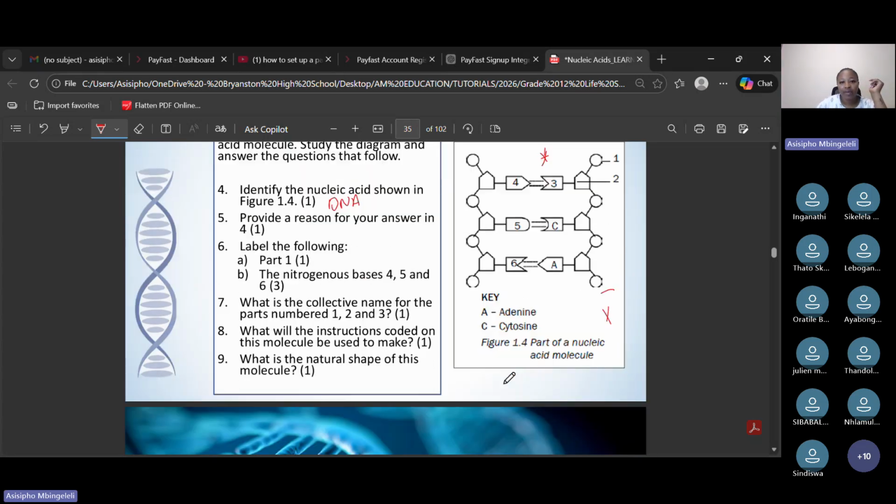Question 5. Provide a reason for your answer. Why are we saying this is a DNA molecule? Oratile, this one is for you. Give us an answer. Oratile, please give us a reason why we're saying this is a DNA molecule.